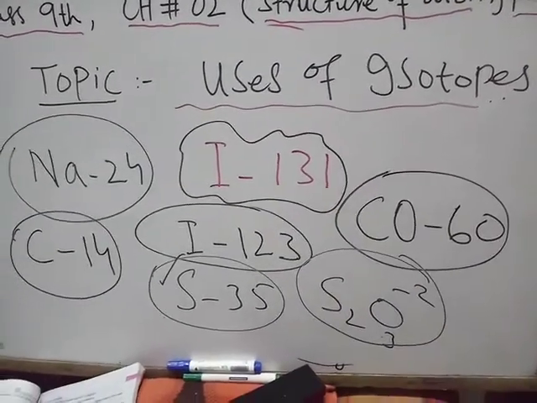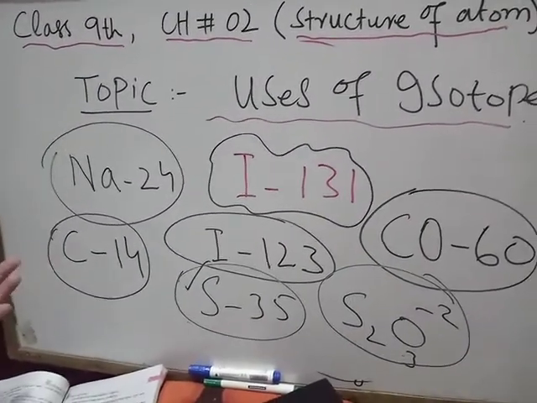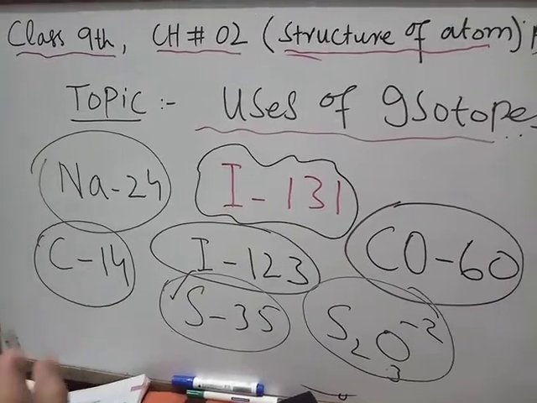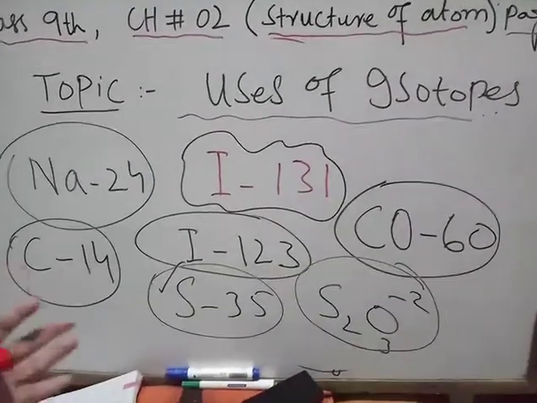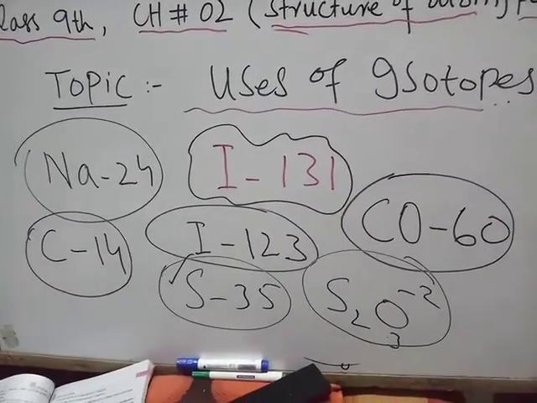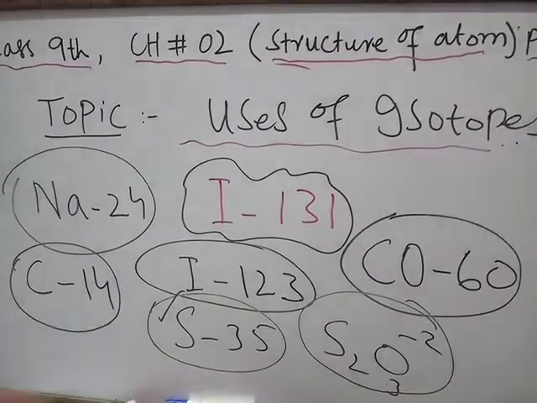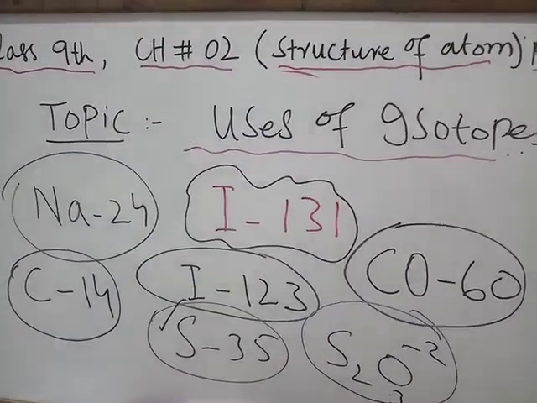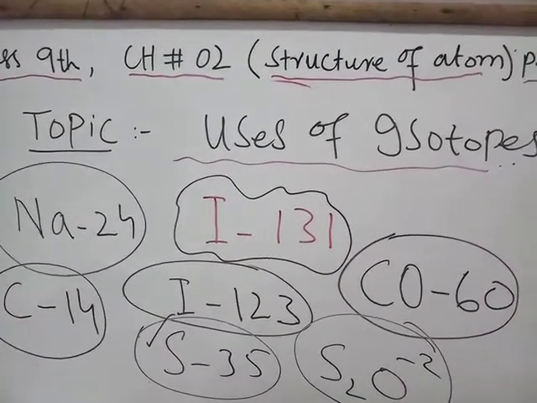Let's say if you find anywhere a skeleton of a human being or a skull, or the skeleton of a dinosaur or any other animal, or a trunk of a tree, or rocks or stones, and you want to date it, how old it is. So in order to determine their ages, carbon 14 is used.